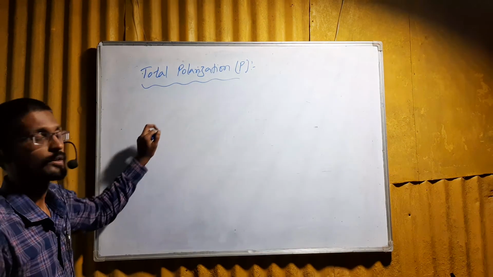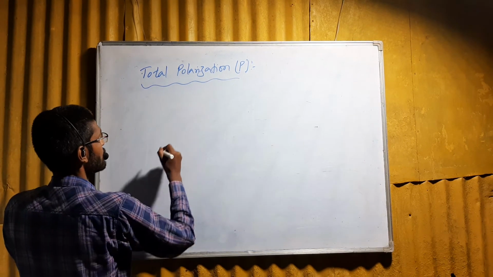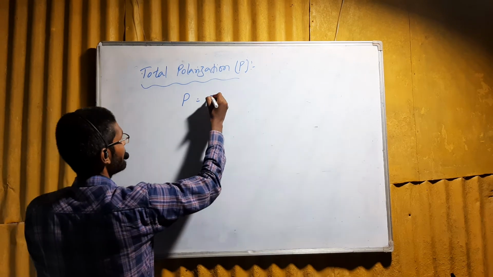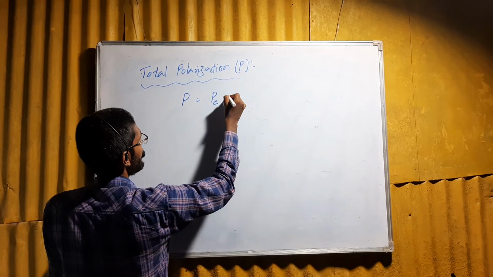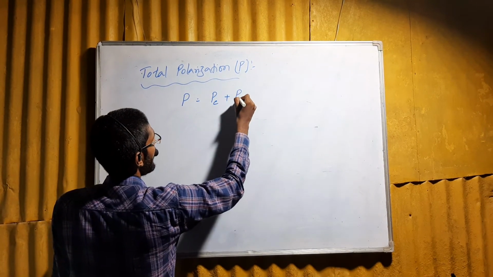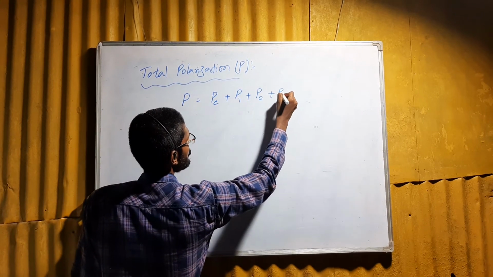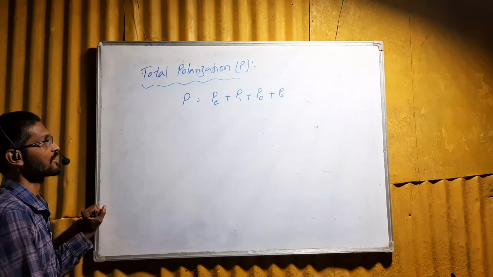Therefore, the total polarization produced in the dielectric materials is equal to the sum of electronic polarization, ionic polarization, orientation polarization, and space charge polarization.